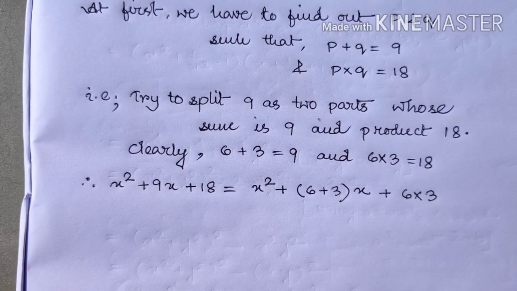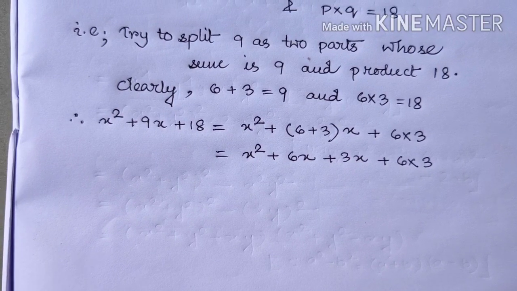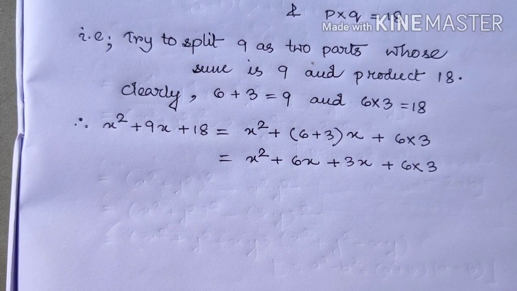Therefore, putting these values in the given polynomial we get x square plus (6 plus 3) into x plus 6 into 3. Now by simple multiplication we get x square plus 6x plus 3x plus 6 into 3.